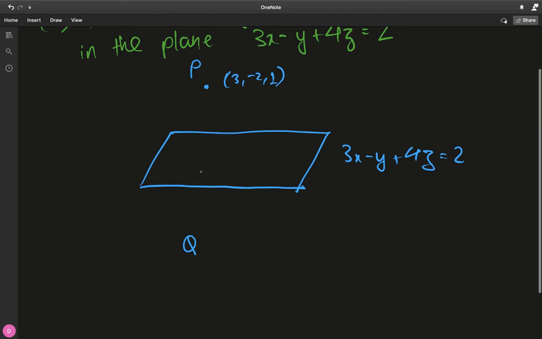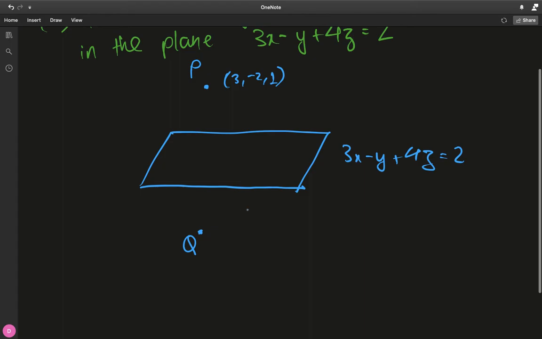So if you take this P to be like a small point light source and this plane to be a mirror, then the image of P, as you can see through the mirror, will be Q. The distance that P was from this plane is the same distance that Q is from the plane. So equidistant, and we need to find the coordinates of this Q.